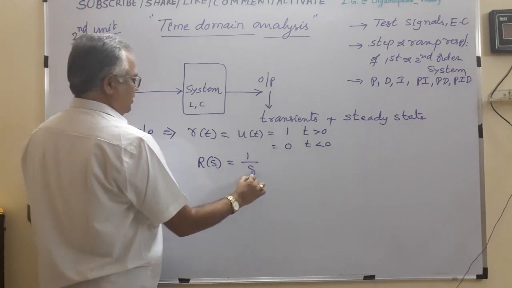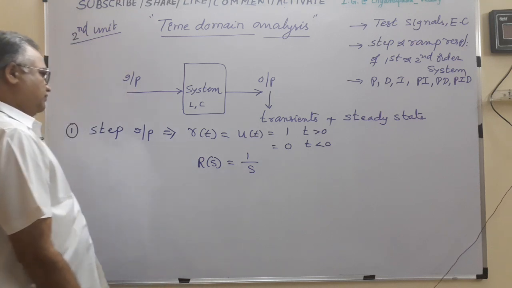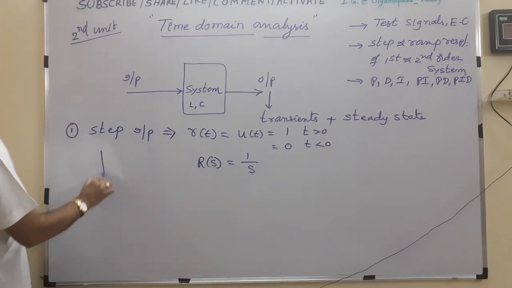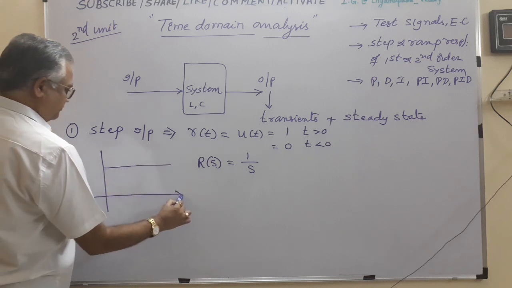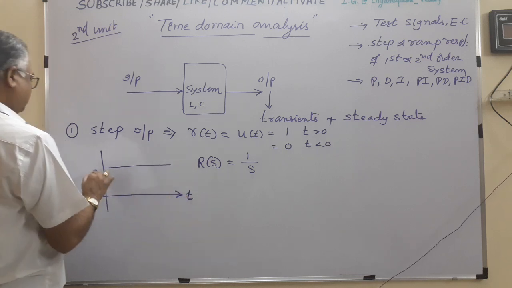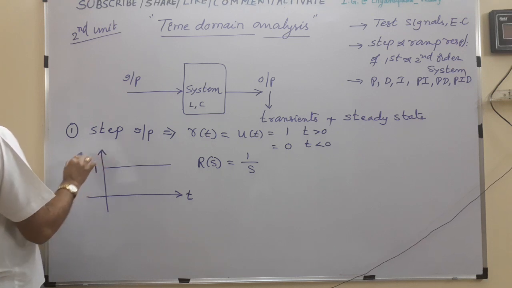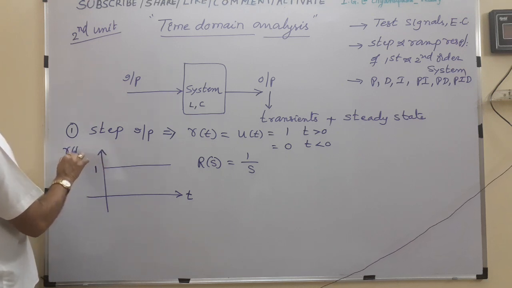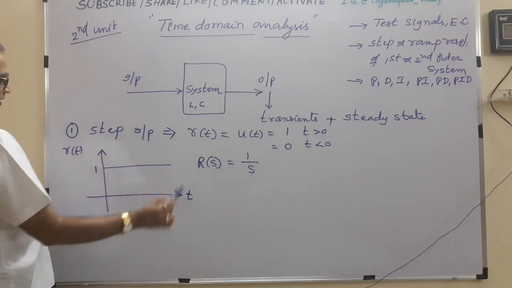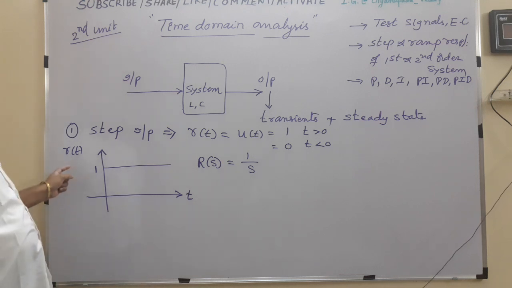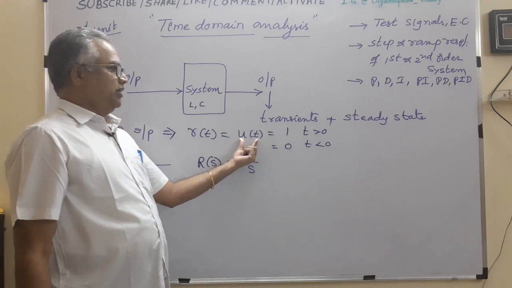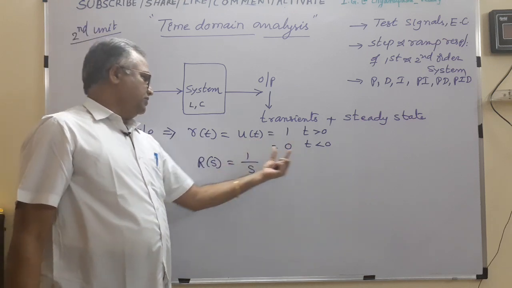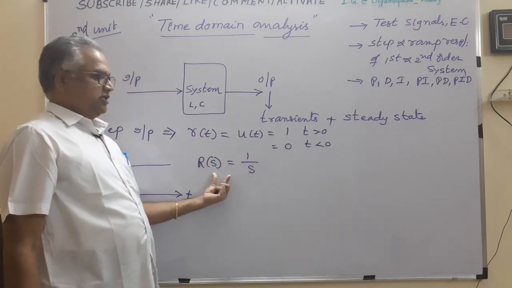It is simply 1 by s. How is the unit step plotted? Like this. So this is r of t equal to u of t. So the unit step plot, how it is defined symbolically, and its Laplace transform.